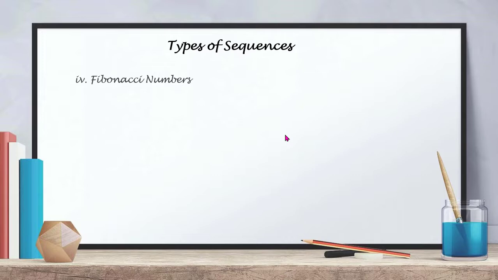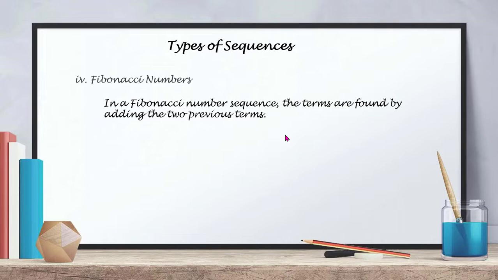Lastly, in this introduction to number sequences, we shall look at the fourth one, which is the Fibonacci number sequences. In a Fibonacci number sequence, the terms are found by adding the two previous terms. Example: 0, 1, 2, 3, 5, and 8 is a Fibonacci sequence.